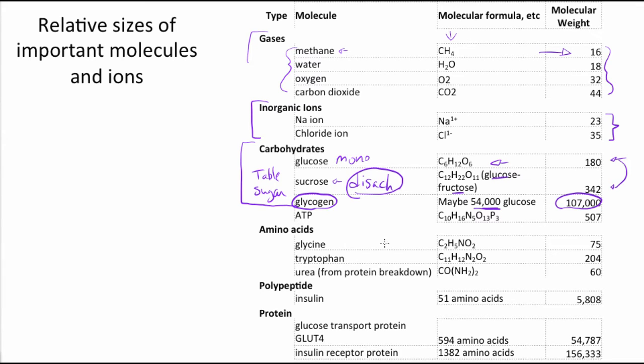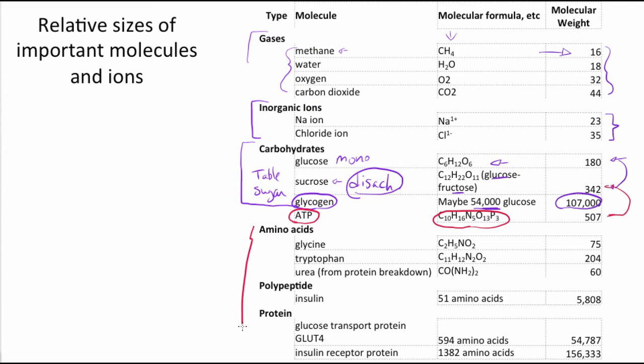I've added in here ATP, and here is the molecular formula of ATP and its molecular weight. So it's larger than sucrose, and at physiological pH it's also charged, and that turns out to be important too. It's harder to move charged things around than if they don't have a charge.